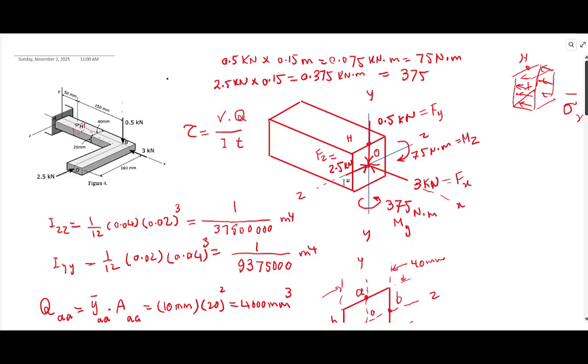So given this direction, you would expect a maximum tensile normal stress developing at H, reducing to 0 and becoming compressive, the same magnitude on the opposite side. When you rotate about that axis, about Y, the developed normal stress at H is 0.